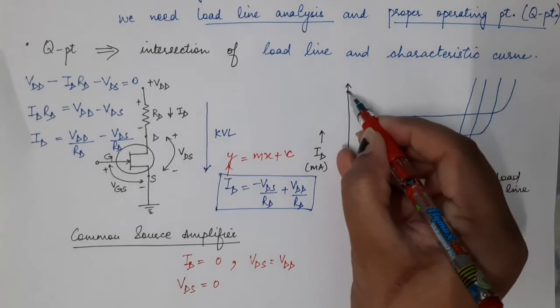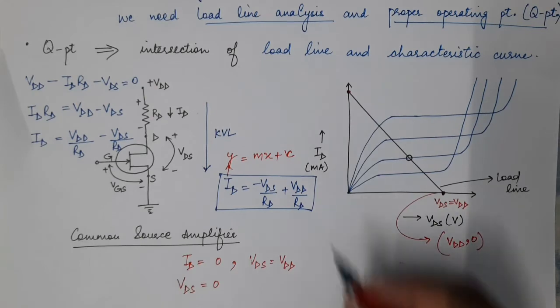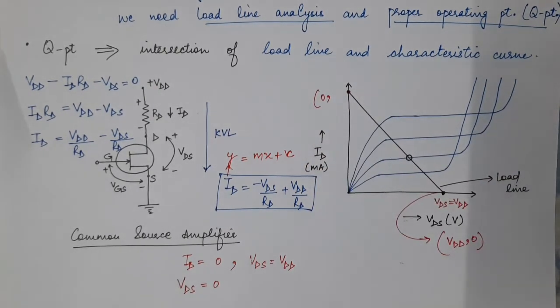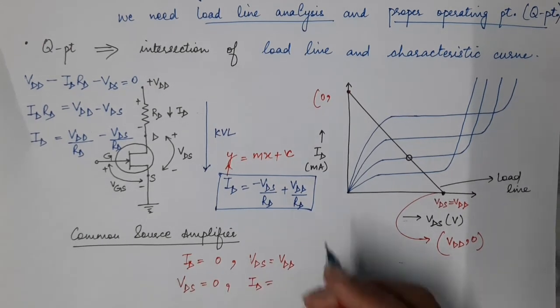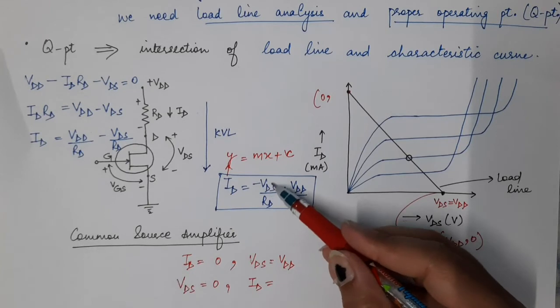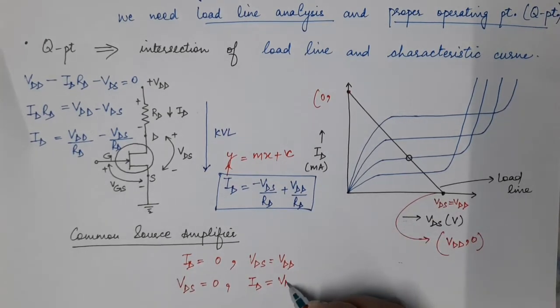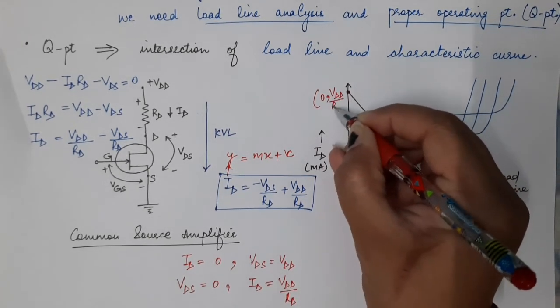The coordinates of this other point lie on the y-axis, so its x coordinate will be 0. What will be the value of the y coordinate? That is ID. If you have made VDS equal to 0, it means ID will be VDD by RD. So this is VDD by RD.